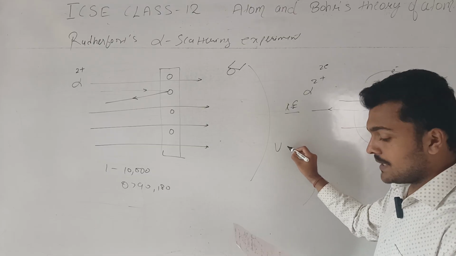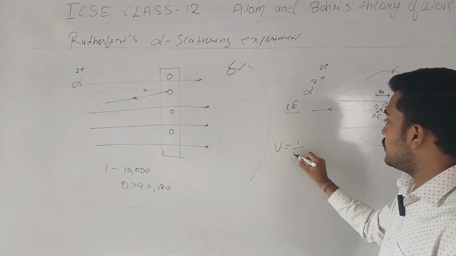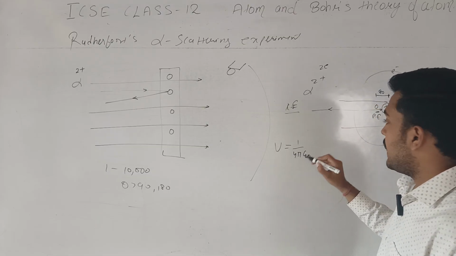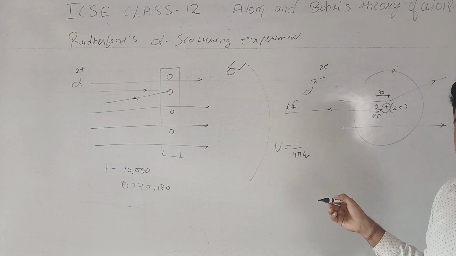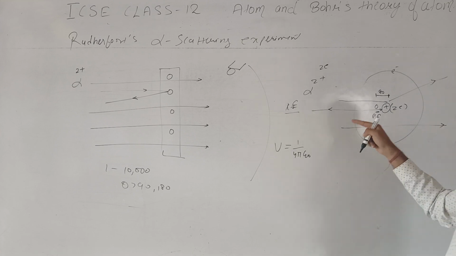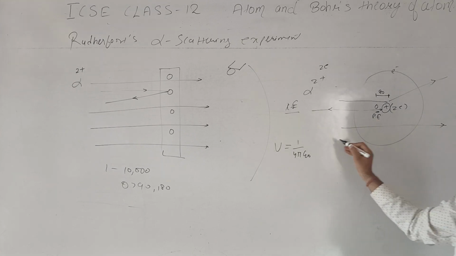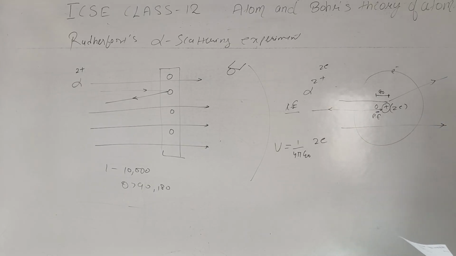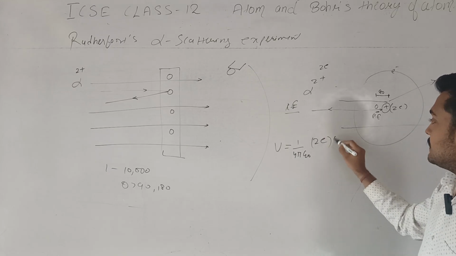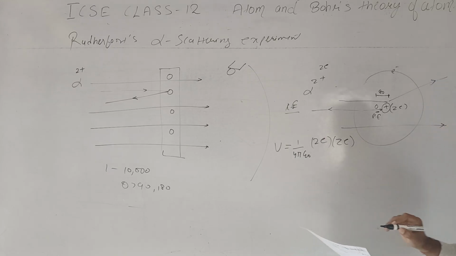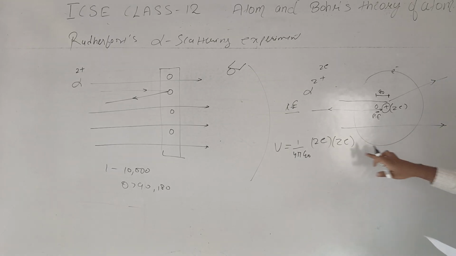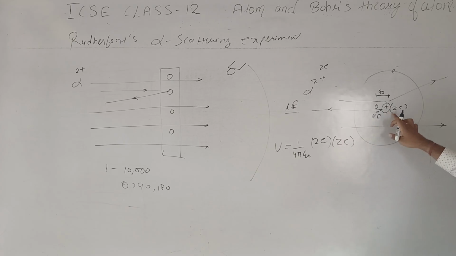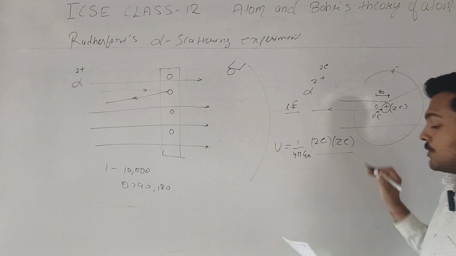potential energy, we know, is 1 by 4 pi epsilon naught times q1 q2 by r. So q1 is the charge on the alpha particle, which is 2e, and the charge on the nucleus is Ze, where Z is the total number of protons.